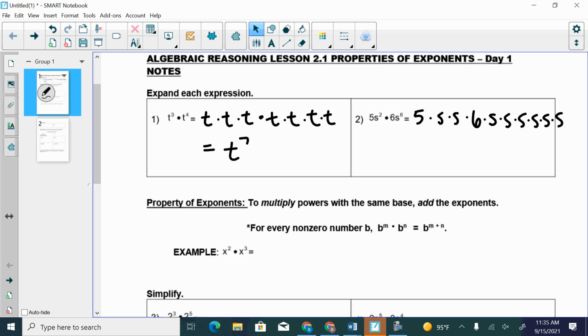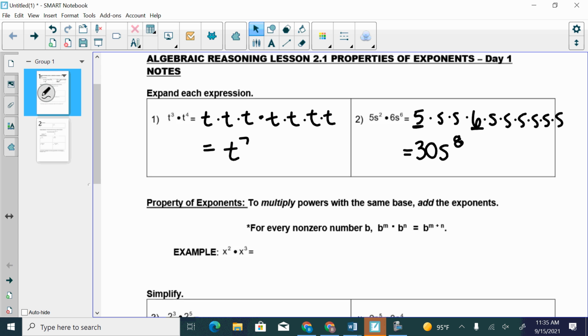Okay. All right, so how many s's do we end up with? 8. So I've got s to the 8th, but I also have 5 and 6. So what is 5 times 6? 30. So I have 30 s to the 8th.